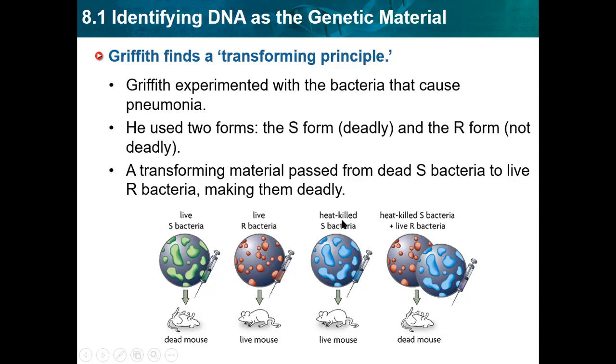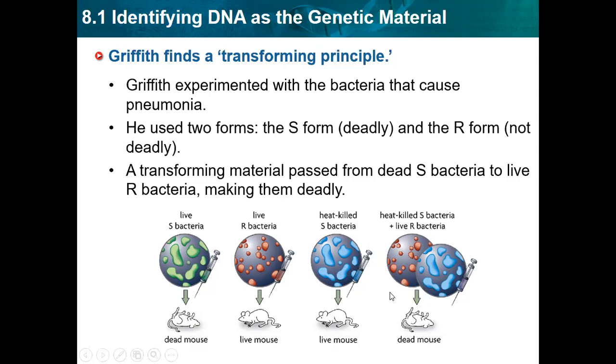But when he killed the S bacteria by heating it, killing all the bacteria in it, the mouse did not die when it was injected. But when he combined the heat-killed S bacteria with the live R bacteria and injected the mouse, the mouse was found dead.